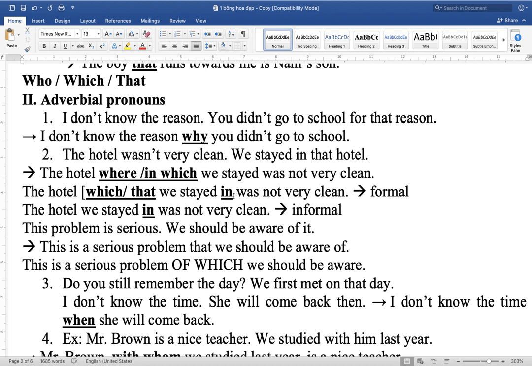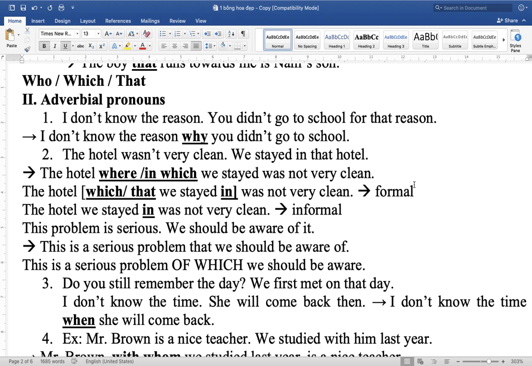So just imagine this one is an independent one. Okay. The hotel, you can cross out which or that because later on it is an object. The hotel we stay in was not very clean, and this is an informal way, sorry.